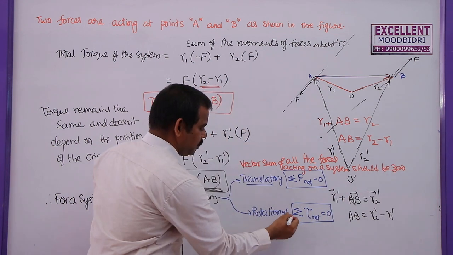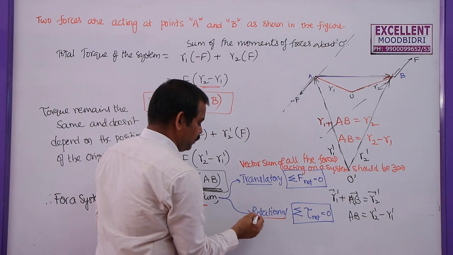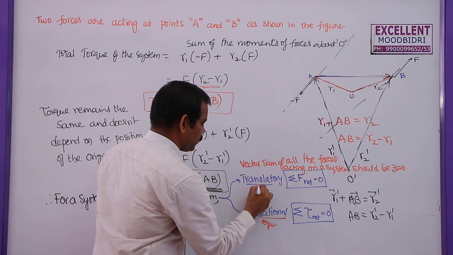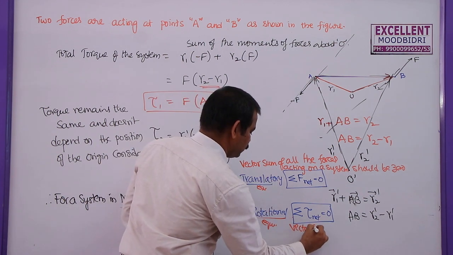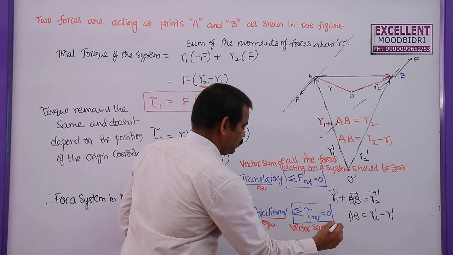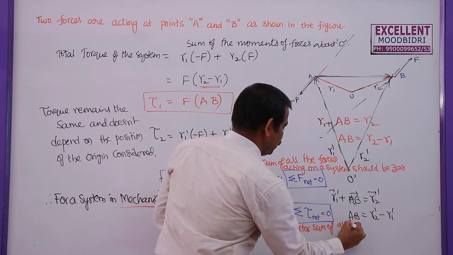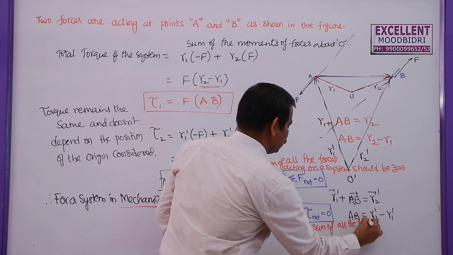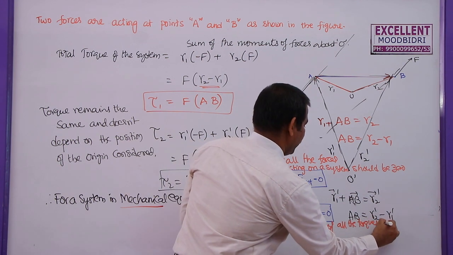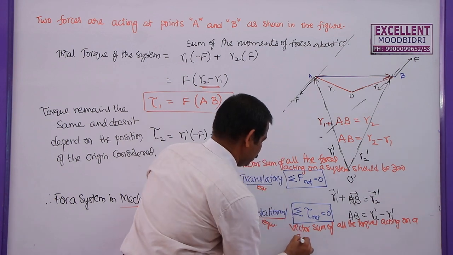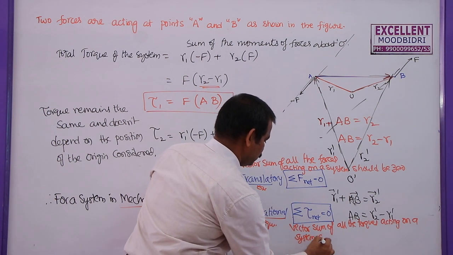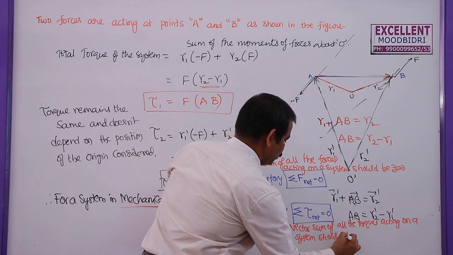Similarly, for rotational equilibrium, the vector sum of all the torques acting on a system should be 0.